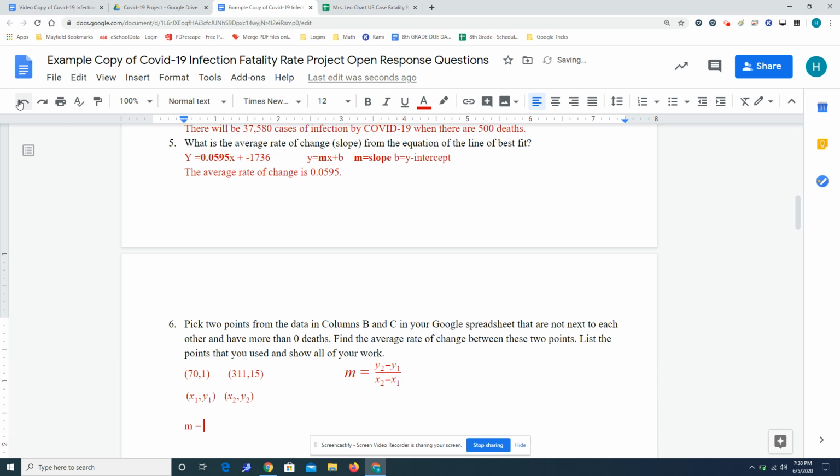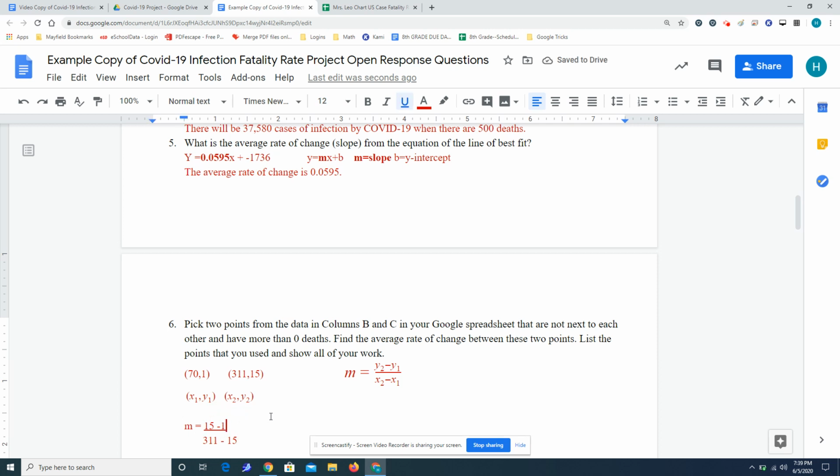I'm going to subtract my y's, so 15 minus 1. I accidentally clicked in the wrong spot. Okay, so I'm going to do 15 minus 1. And then I need to divide that. I'm going to use the underline by the subtraction of my x's, which is 311 minus 15.